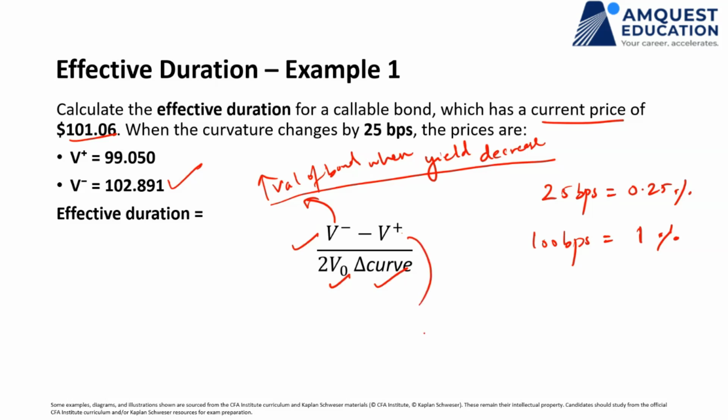And V plus is the value of the bond when yields increase. Plus means it's a yield increase, and if yield is going to increase, value is going to fall. So this is your V plus. You have everything available to calculate effective convexity or effective duration. It's an easy setup. You don't have to do any V minus, V plus calculation. You just have to plug everything in and calculate the numbers.